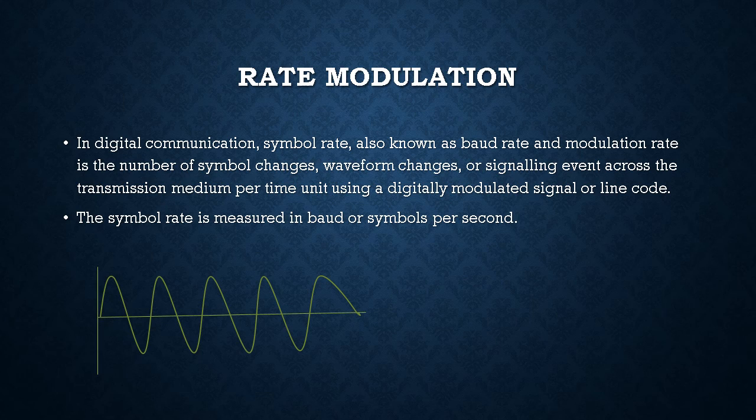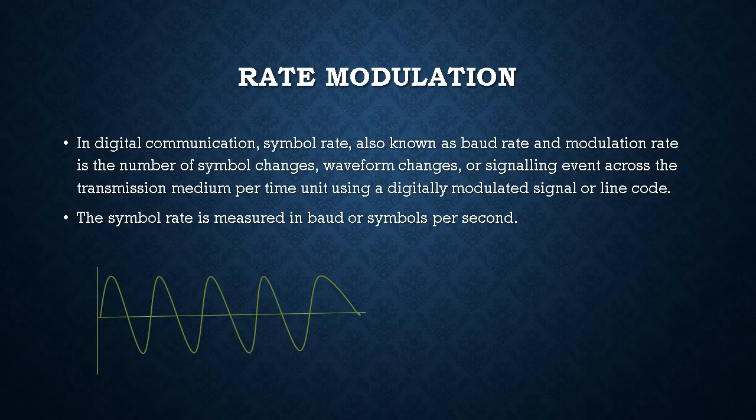In 1 second, say suppose 5 bits have traveled. For these 5 bits, how many waveforms are being changed? That is called rate modulation. Say for example we have 5 bits in this total signal. You can see the change in the waveform in 1 second.